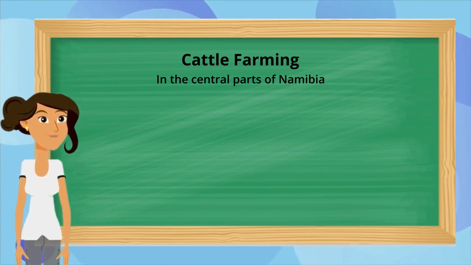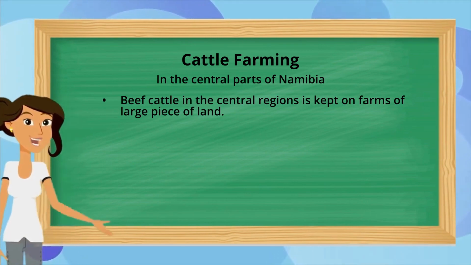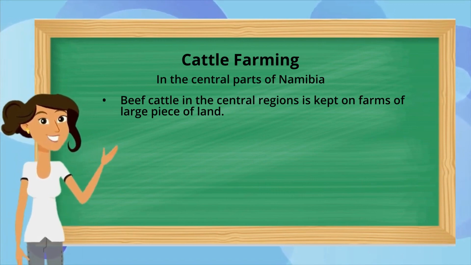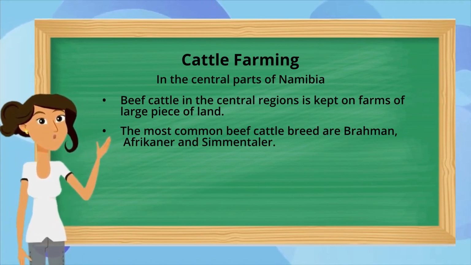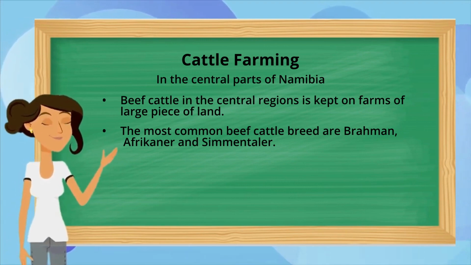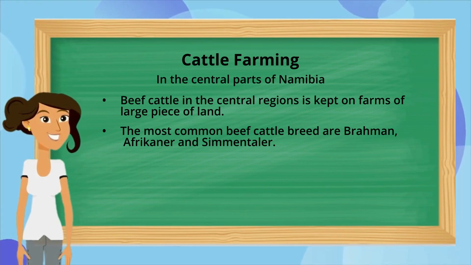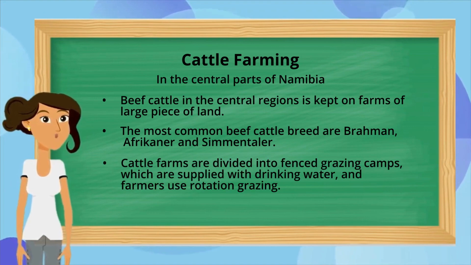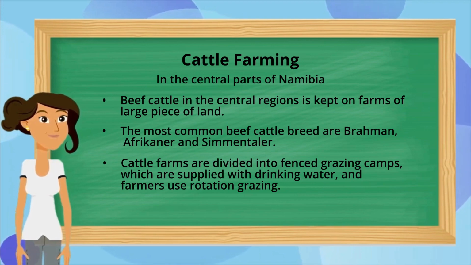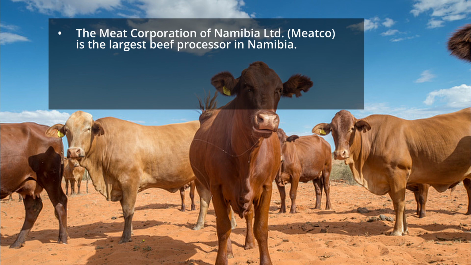It's found in the central part of Namibia. Beef cattle in the central region are kept on farms of large pieces of land. The most common beef cattle breeds are the Brahman, Afrikaner, and Simmentaler. Cattle farms are divided into fenced grazing camps, which are supplied with drinking water, and farmers use rotational grazing.